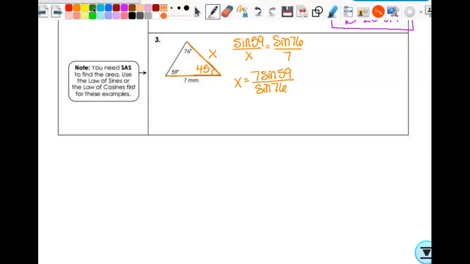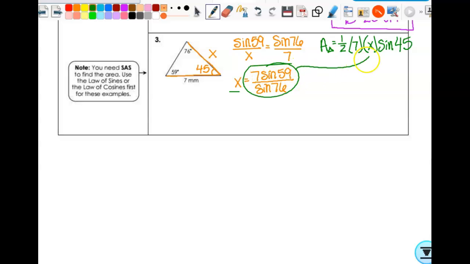So now to find the area of the triangle, that is 1/2 times the 7 times x times the sine of 45. Okay, well, this is x, so I'm going to take this, and that's what I type in right there instead of x, and let the calculator do it all at once, so I'm not using rounded numbers.